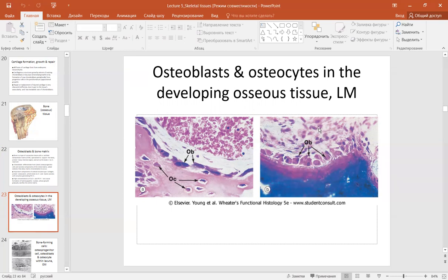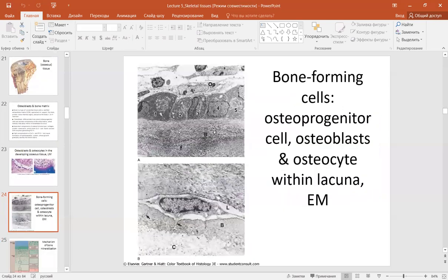Here you have mesenchyma, or magenta red extracellular matrix. Here you have an electron micrographic representation.